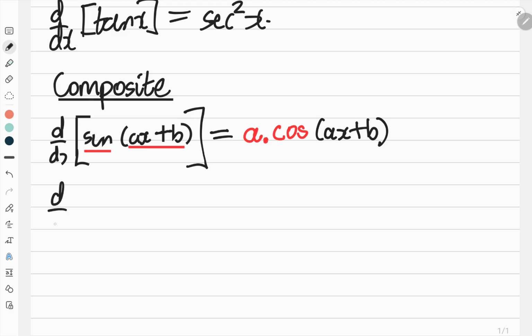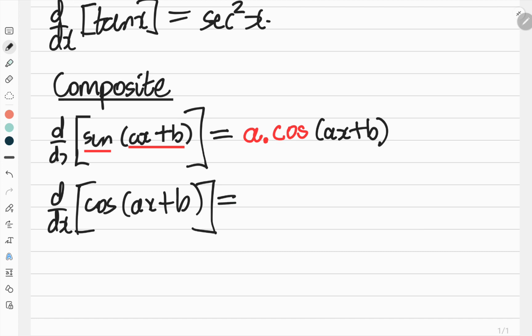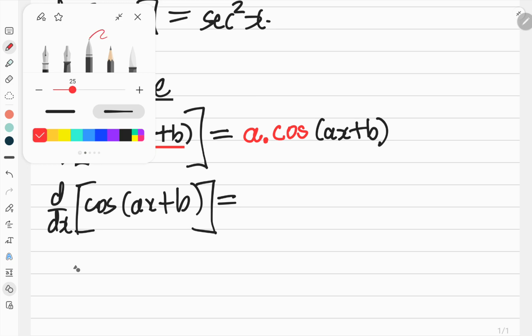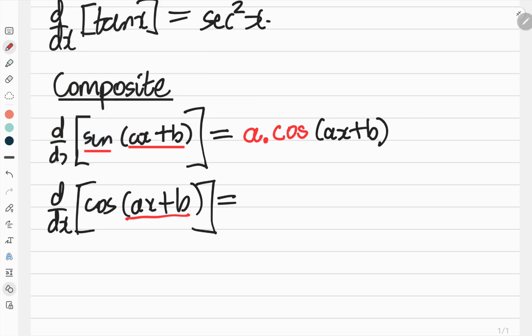All right, so moving on, we are also going to differentiate the cosine of ax plus b. So once again, you start off by differentiating the angle, which is our ax plus b. And when we differentiate that, that's going to give us an a.